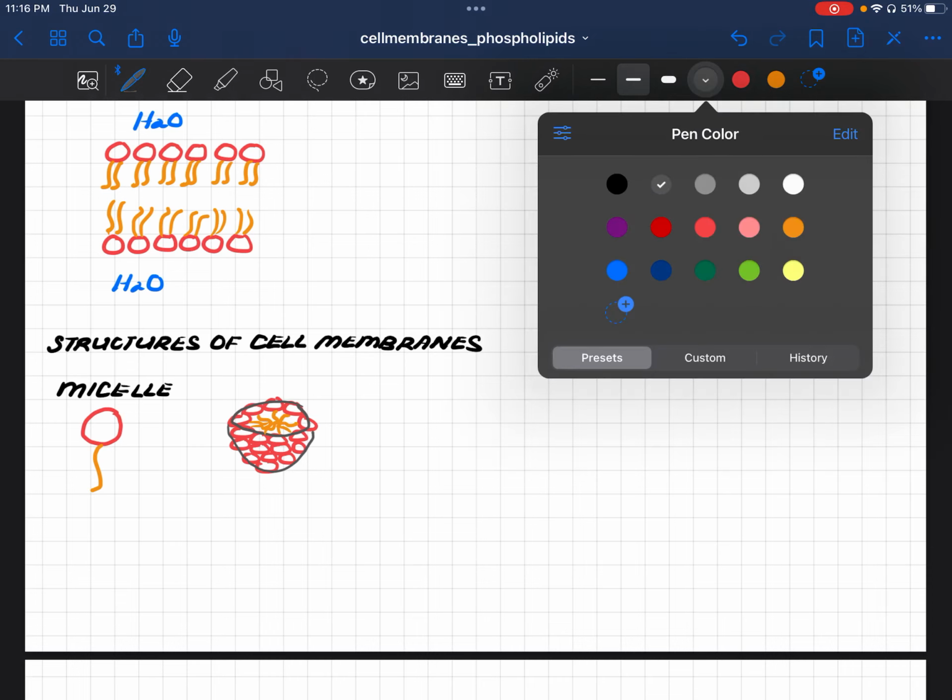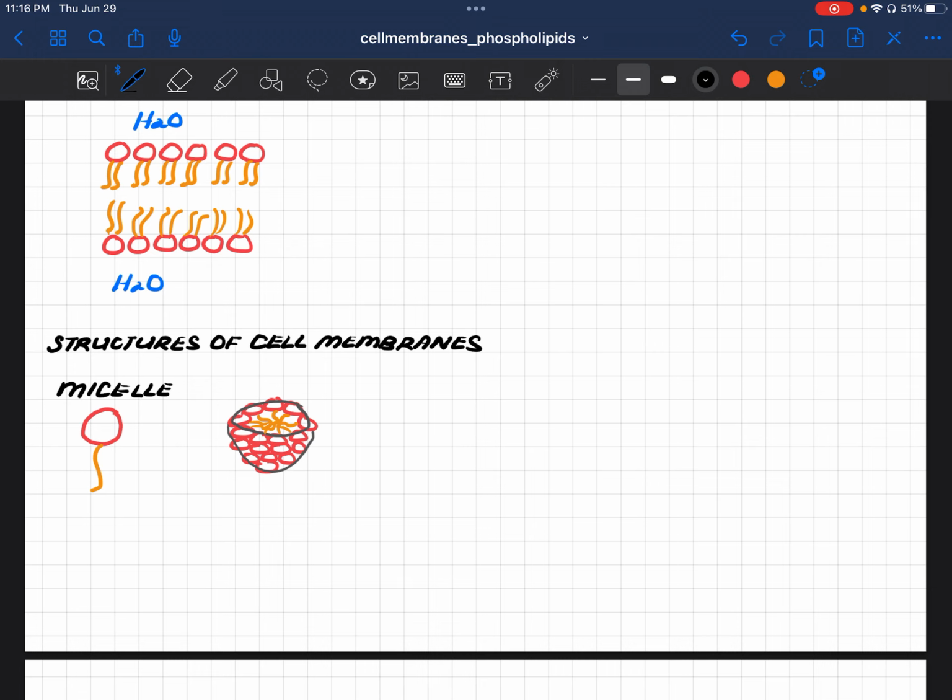We also have a common bilayer, which you're probably already familiar with, but the phosphate group will be relatively the same size as these two fatty acid tails.